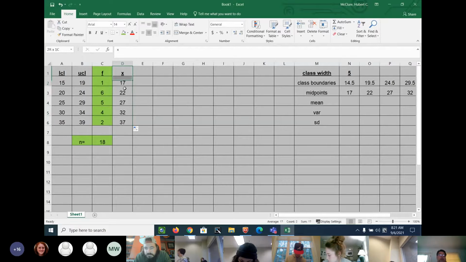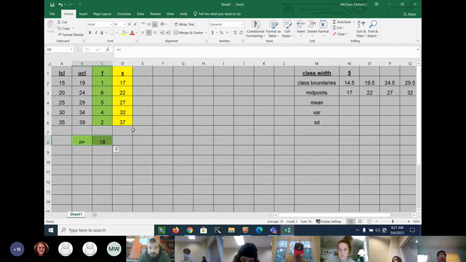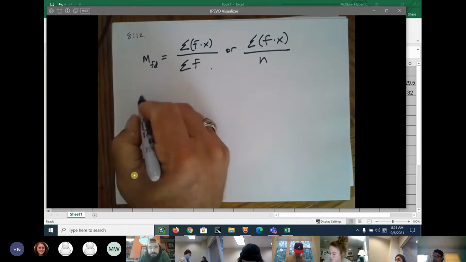The yellow stuff is stuff we had to calculate. So I need to change this up a little bit. Okay, what else do we need? Let's go back to our formula so we can see what we need. We need f times x. Let's go to the variance.